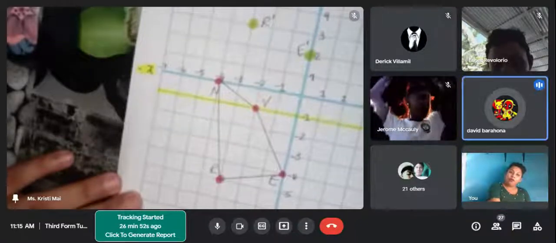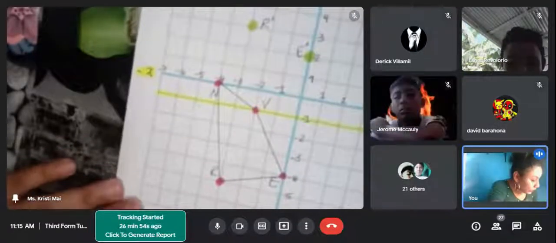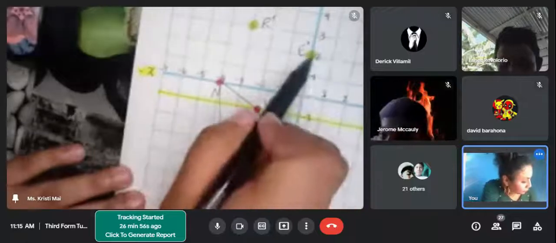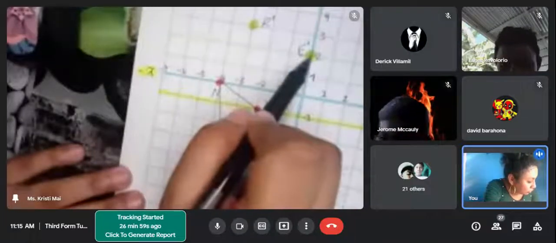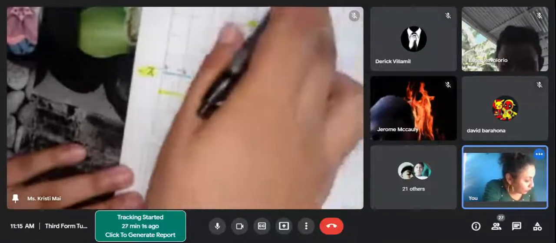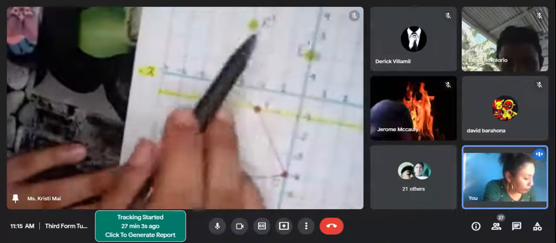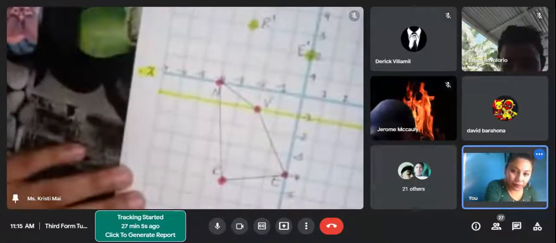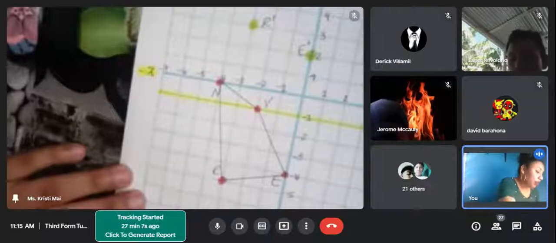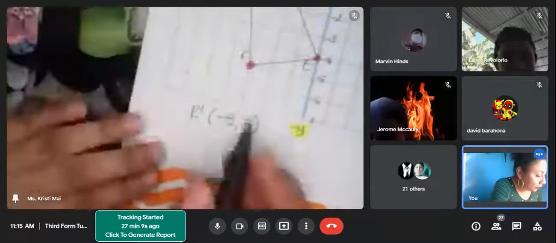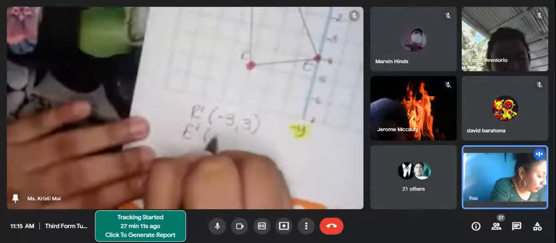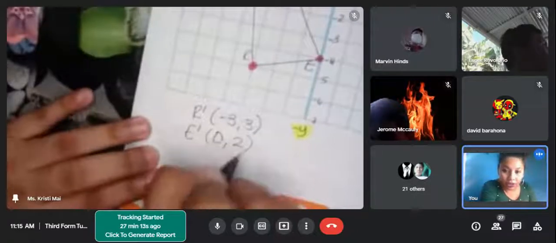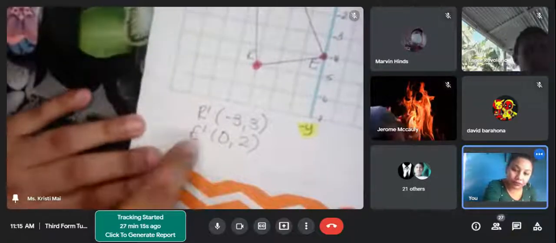Negative 4, positive 2. Where did you get this? See, this is the point. It is on 2 on the y-axis. On the x-axis, on what number is it? 0. So my point E1 is 0, 2. This is the second point.